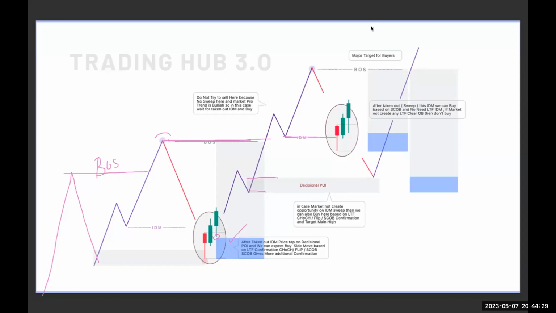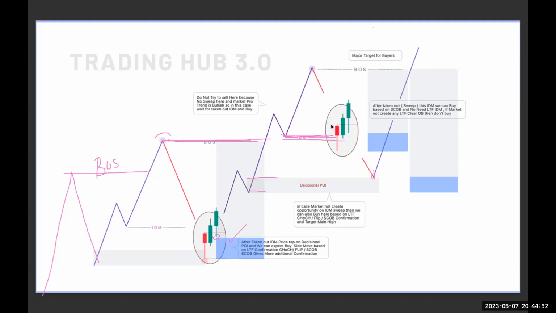Okay. But based on a single candle order block here, if you are willing to buy here, like the previous inducement swept here, and you are waiting for it to mitigate this one, sometimes the market just sweeps the inducement because the market needs inducement or liquidity before a continuation and before a reversal.